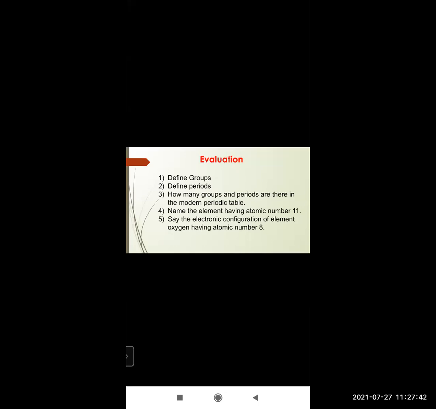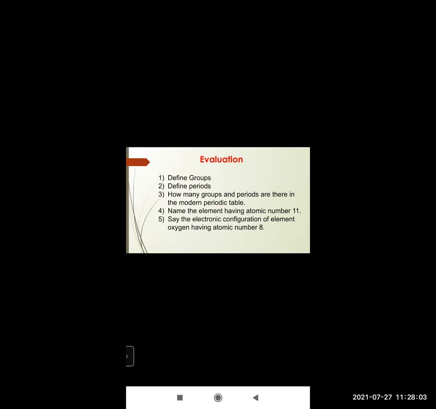You can say 18 groups and 7 periods. 18 groups and 7 periods are there in the modern periodic table. And then further they are divided into 4 blocks, that is S block elements, P block elements, D block elements and F block elements. And I just asked how many groups are there. So there are 18 groups and 7 periods.